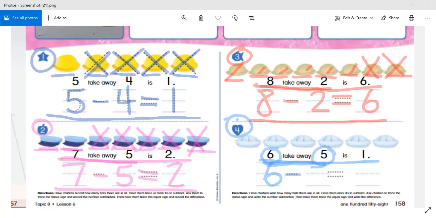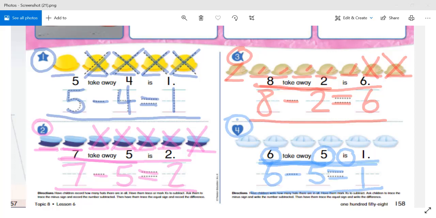So we are taking away or subtracting 5 from 6. 6 take away 5 is 1. So remember, is the same as equals. And we write down 1. 6 minus 5 equals 1. So 6 take away 5 is 1.